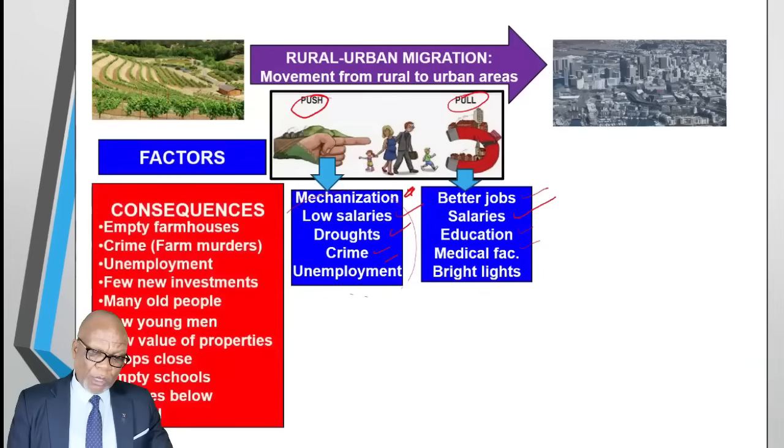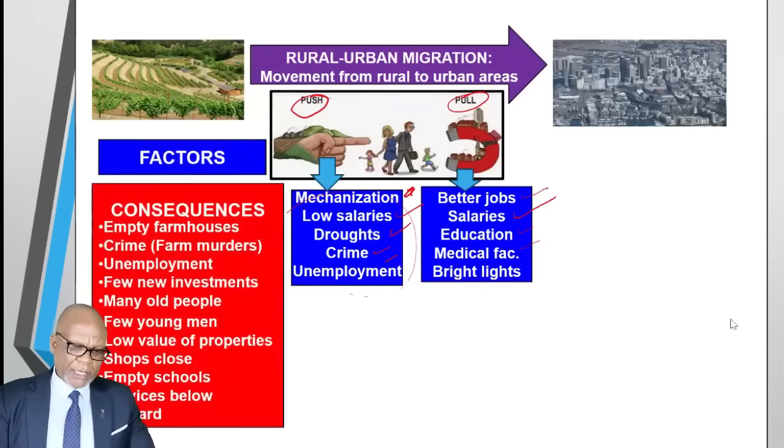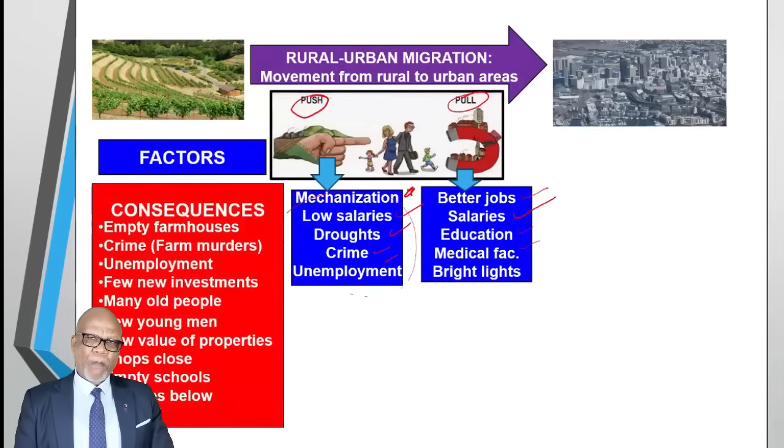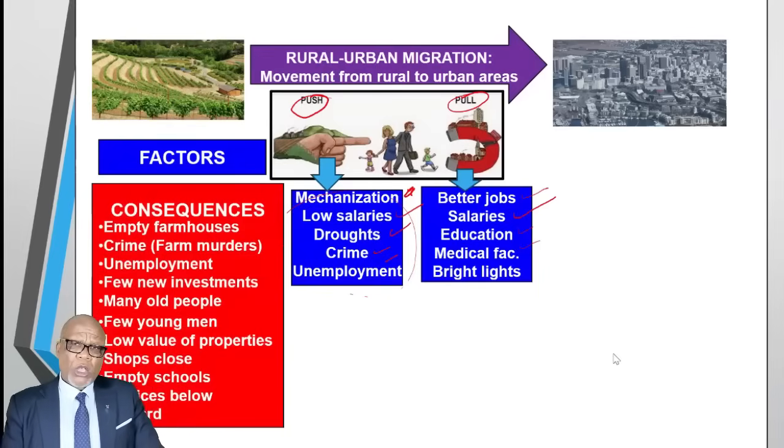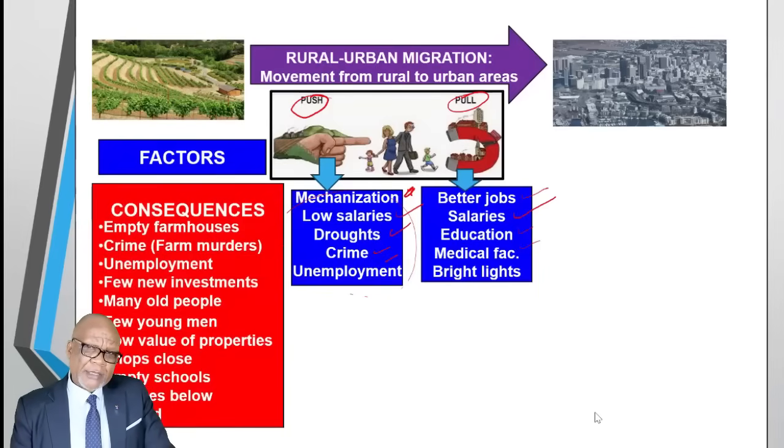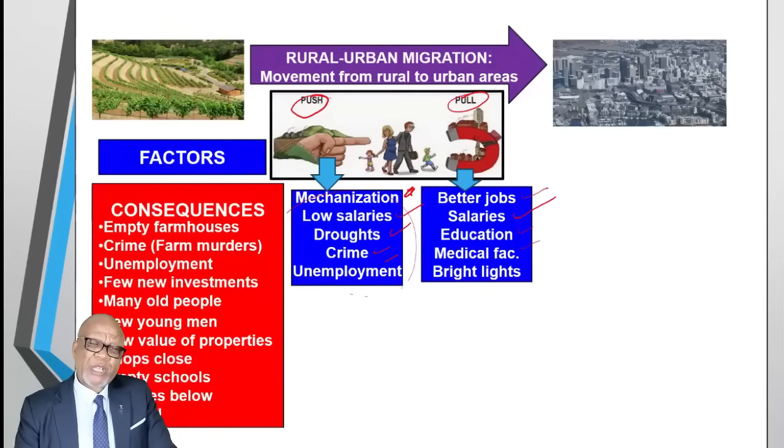So what will be the consequences once people move out of rural areas? What's going to happen? Again, you must be careful when you answer these questions. The examiner could say the economic impact of rural-urban migration, or the social impacts of rural-urban migration. For rural areas, because of rural-urban migration, people have moved out.